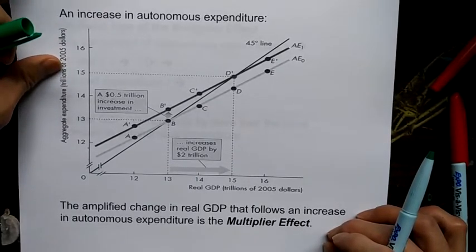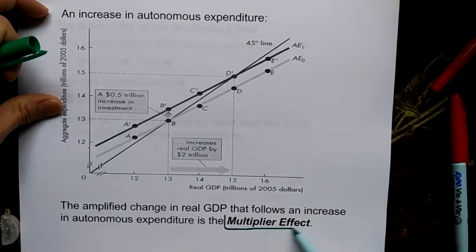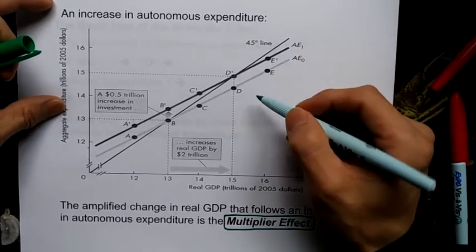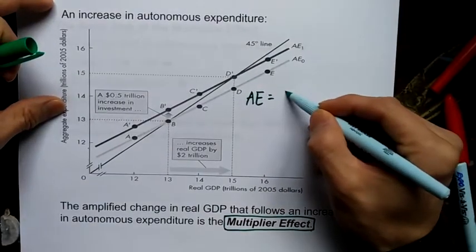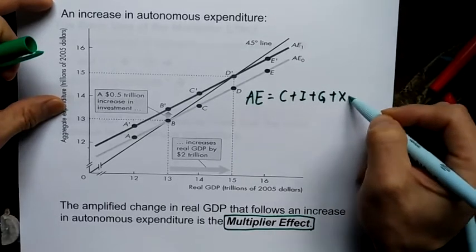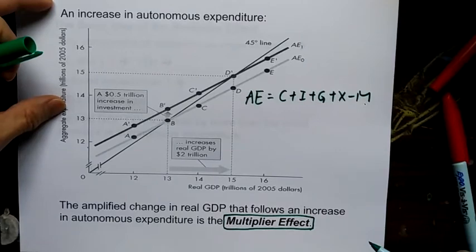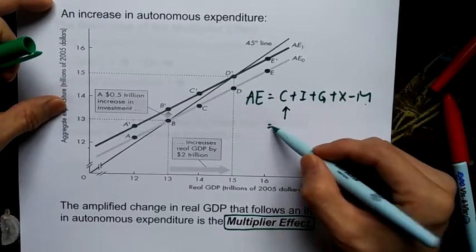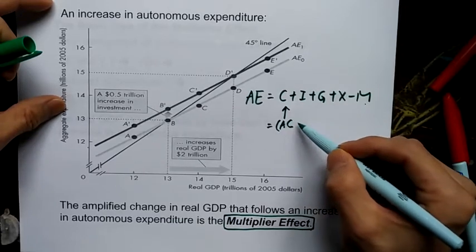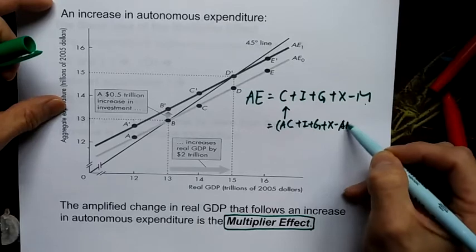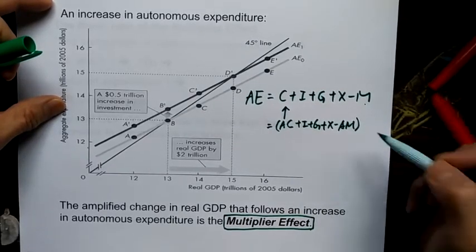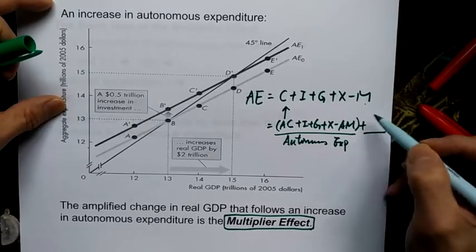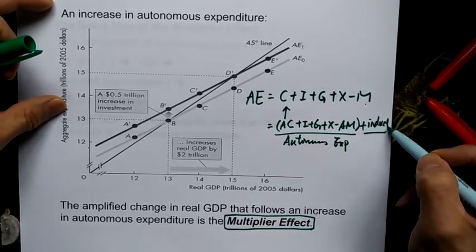This is a very important concept in macroeconomics that is called multiplier effect. What is the multiplier effect? Now, look at this. Aggregate expenditure is equal to C plus I plus G plus X minus M. If you increase the autonomous expenditure, where is the autonomous expenditure? Autonomous expenditure is autonomous consumption plus I plus G plus X minus autonomous investment, right? This is the autonomous expenditure, and then plus induced expenditure.